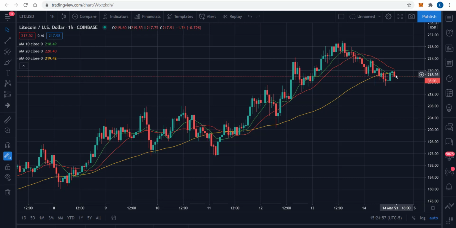It'll take another up move to pull that 10 period higher. Right now the 10 is below the 60, which is below the 20. So you have 20, 60, 10. So this is a congestion period, but it's only going to take a couple of up bars to change that.